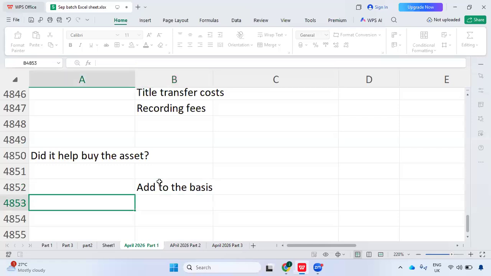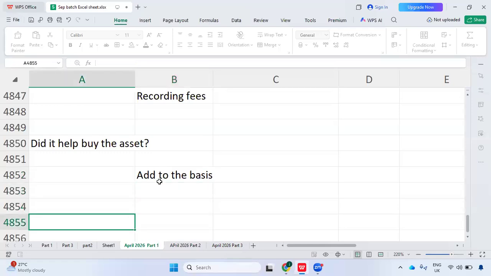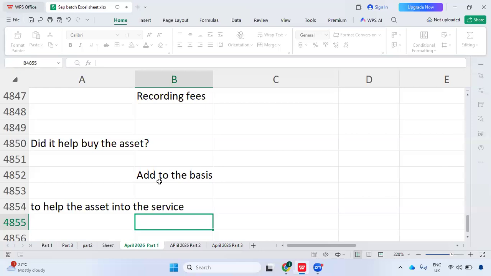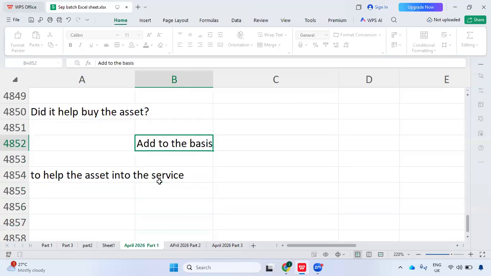Second, any expenses that help to put the asset into service, until we use the property, to bring it to regular use. Whatever expenses we pay, those will be added. So in this case, we will add to the basis.